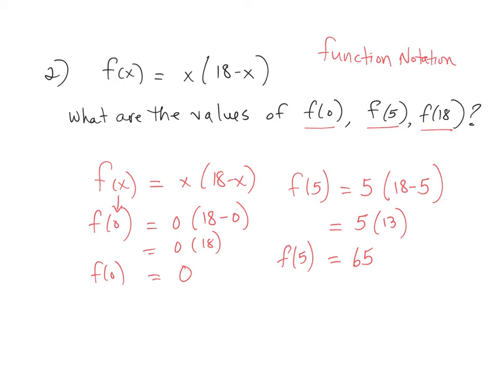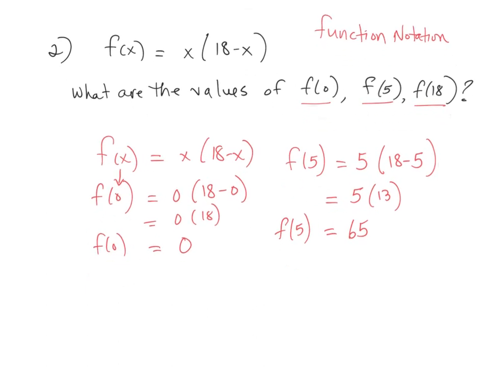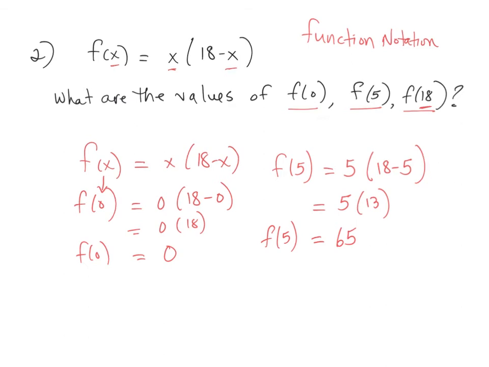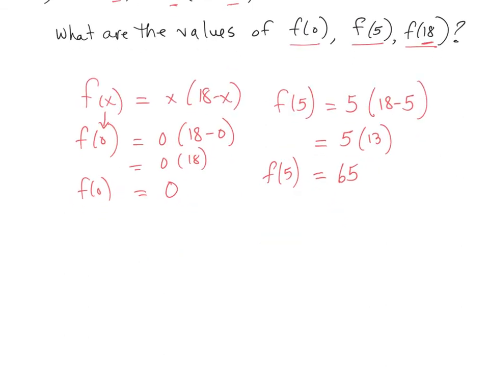Again, all we're doing is substituting whatever number is in the parentheses for any x we see. So if I do f of 18, that's going to be 18 times 18 minus 18.